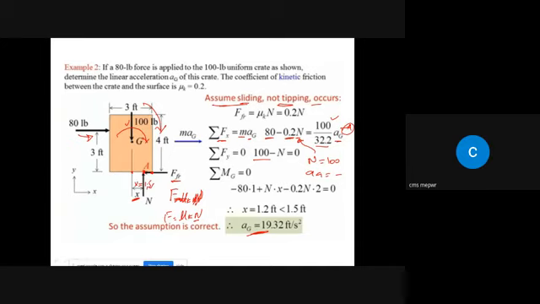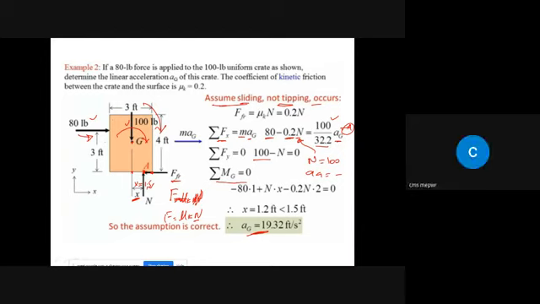So let's use the third equation, which is the moment about point G. The moment about point G should be equal to 0, as we are saying that sliding is occurring, not tipping. So the summation of moments about mass center G is equal to 0. Okay, so this is the applied force multiplied by the distance over here.